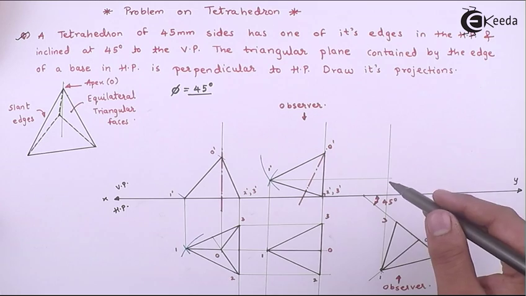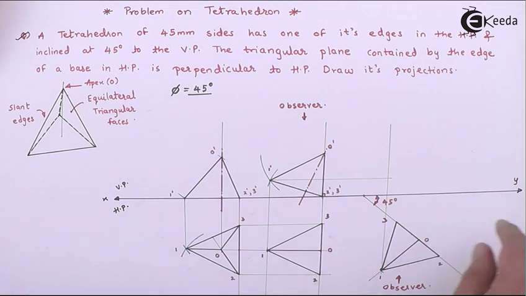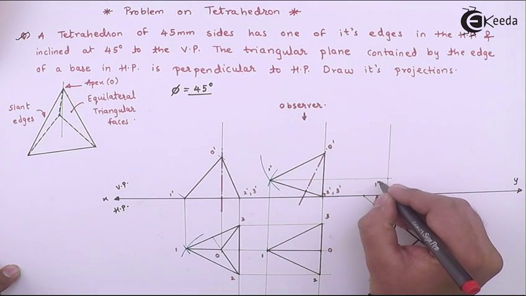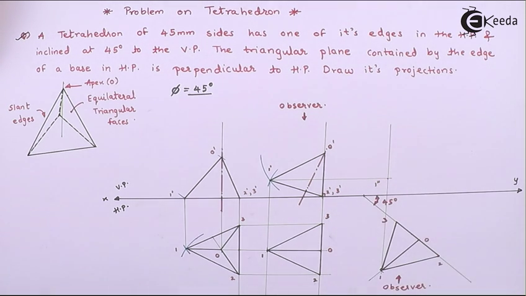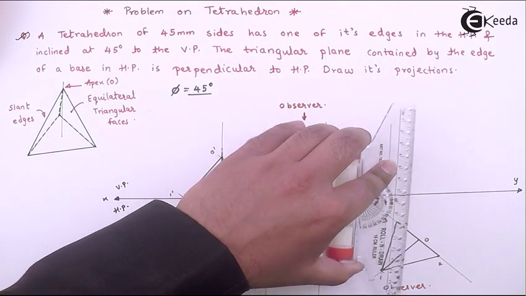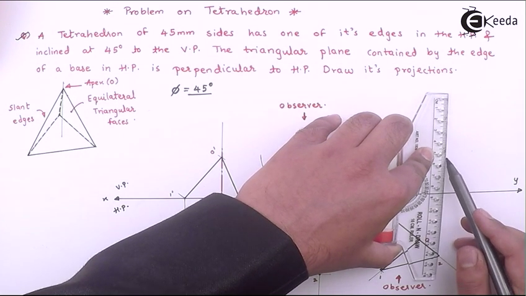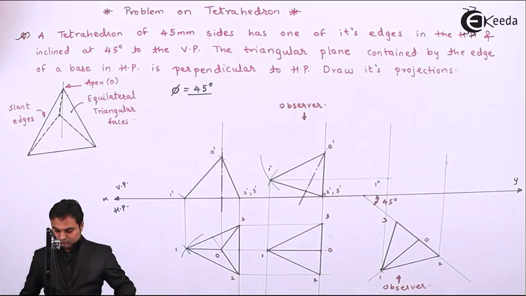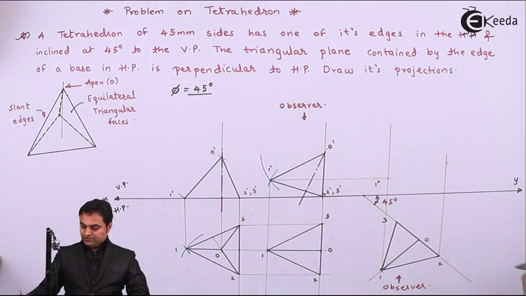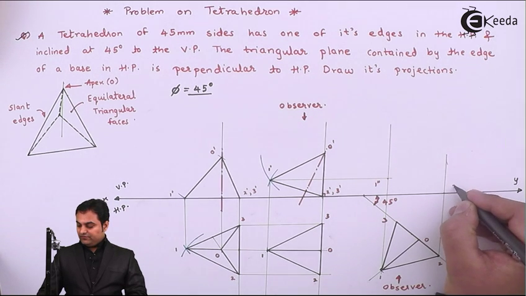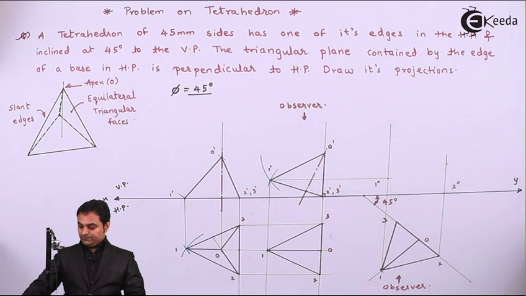So point 1 from the top view, 1 dash from the front view. Wherever they intersect, that gives me point 1 double dash. Next, point 2. Here 2 dash and 2, wherever they intersect, that gives me point 2 double dash.